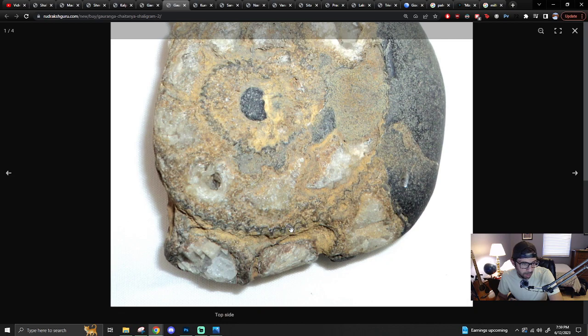Rounded, spiky. Somewhat rounded. More and more rounded. Spiky, spiky, spiky. Spiky, but maybe even dendritically there. I don't know what to make of that.